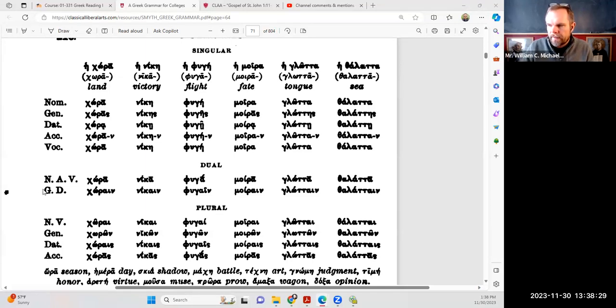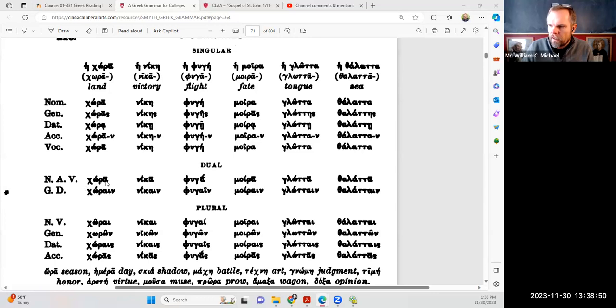And then for the genitive and dative, what do you notice about that row? How do we recognize the dual number for the genitive and dative case? What's the mark? Iota nu. Very good. So you see this iota nu.